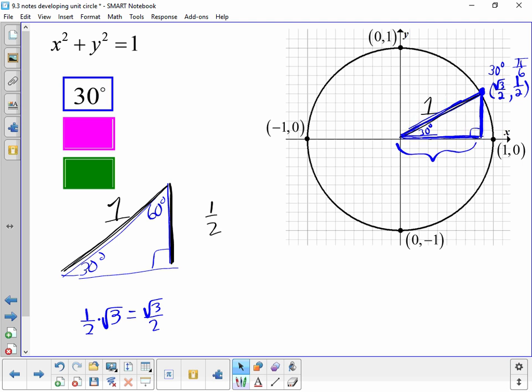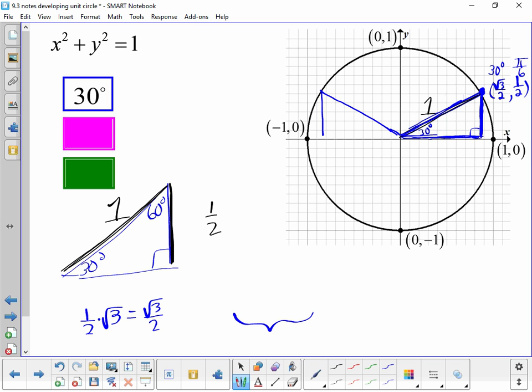Well, in class, we then reflected that around and we created another triangle over here. This time, it had a 30-degree angle here, but then we knew that meant we were talking about the angle 150 degrees.